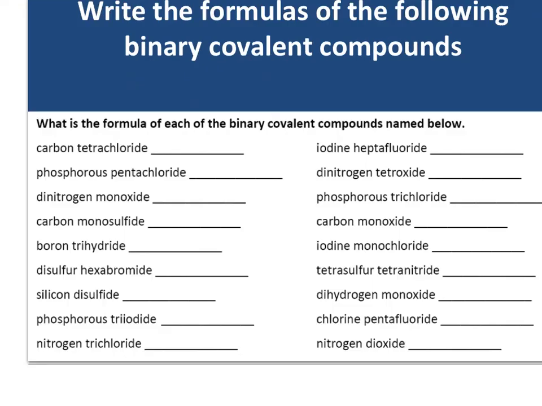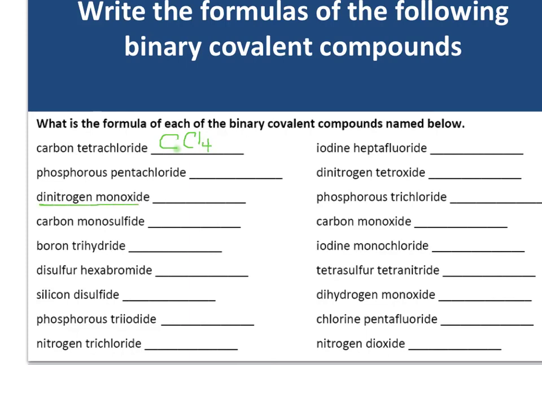So here you can take a little practice going from the name to the formula. I'll go through a couple with you, and then you can pause the video and work on the others, and then come back and look at the answers. So carbon tetrachloride, that's carbon. Chlorine is Cl, and you have 4 of it, CCl4.